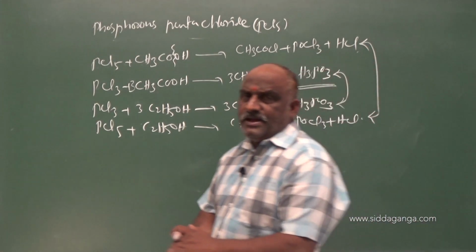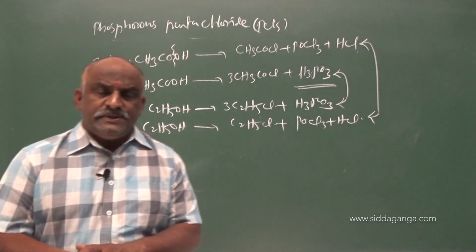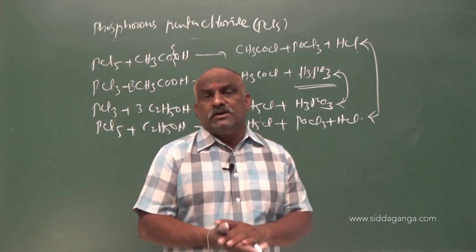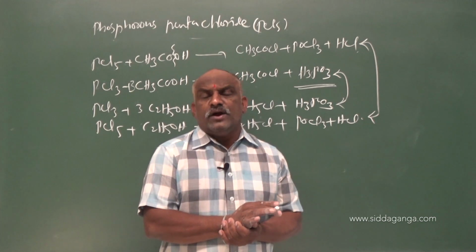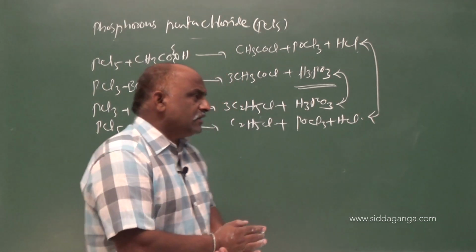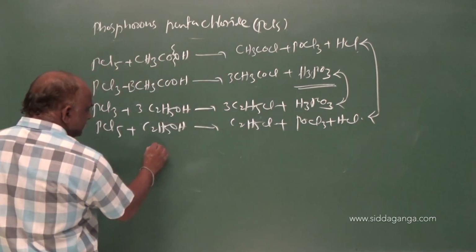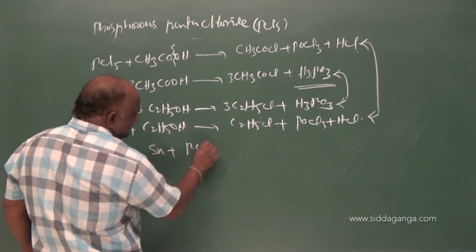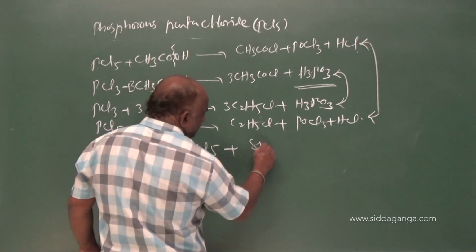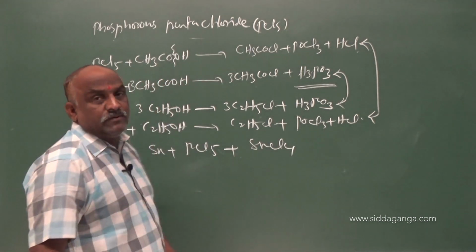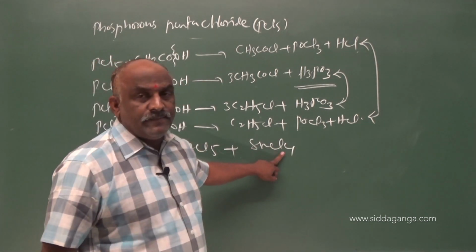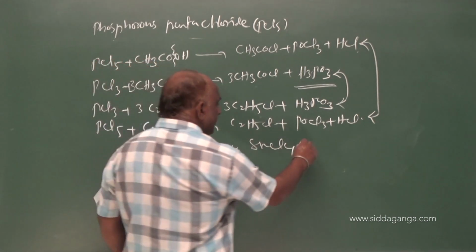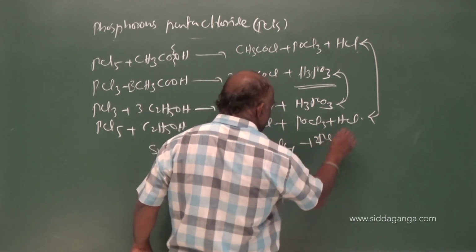These are the reactions you observed with phosphorus pentachloride, and phosphorus pentachloride is also treated with finely divided metals. What do finely divided metals mean? Let us consider Sn. Sn plus PCl5 gives rise to SnCl4, stannic chloride, and formation of PCl3.